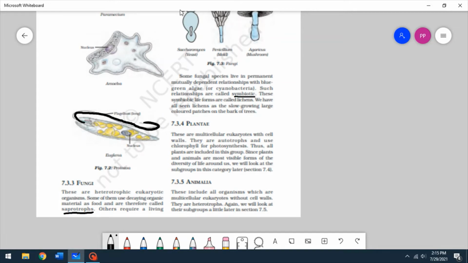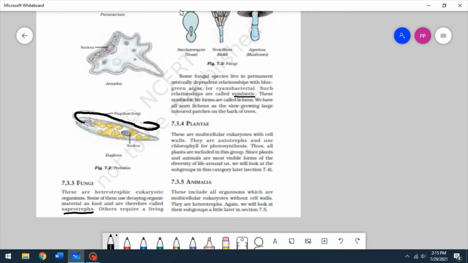So in this scenario, a fungus and an algae stay together. One of them provides shelter while one of them provides food.